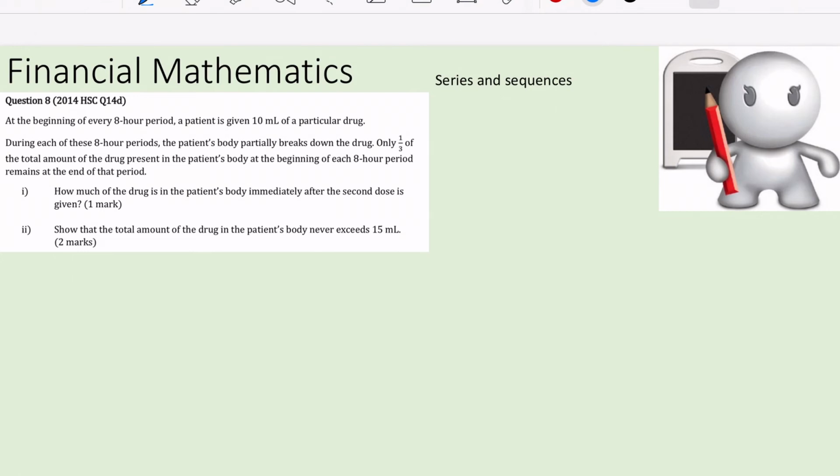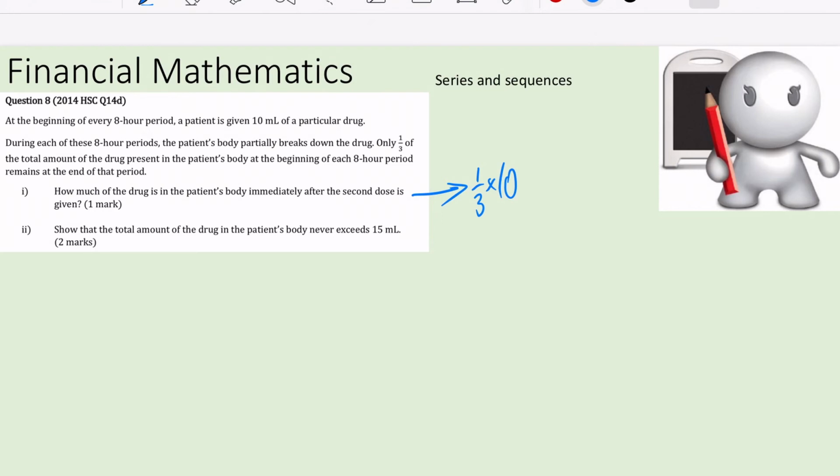Only 1/3 of the total amount of the drug present in the patient's body at the beginning of each period remains at the end of that period. A lot of wording over here, but essentially how much of the drug is in the patient's body after the second dose is given? Well, when the first dose is given, only 1/3 of it remains.